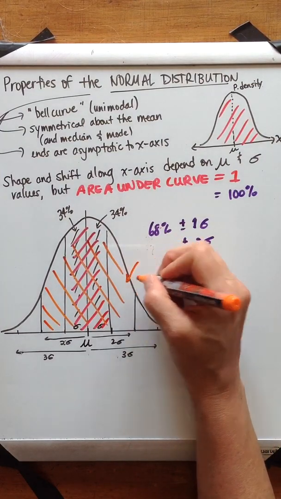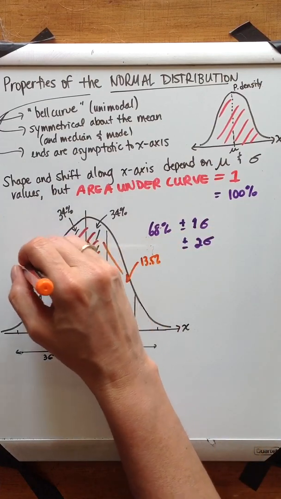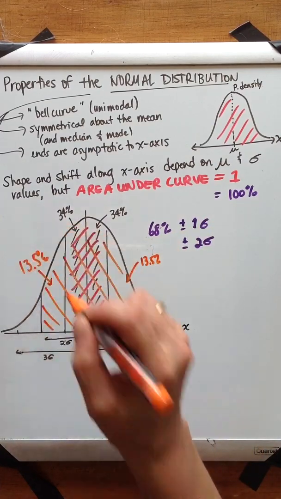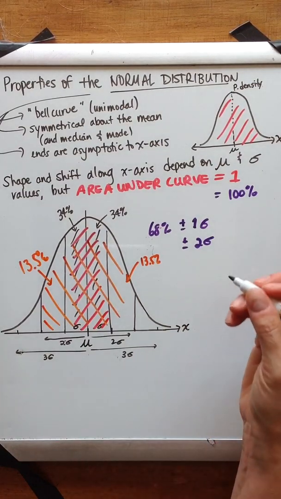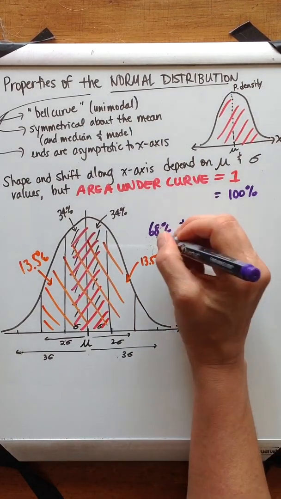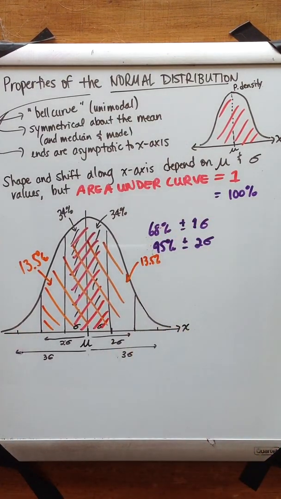Each one of these is 13.5, and if you add all of these up, you end up with 95% of all data points being within 2 standard deviations of the mean.